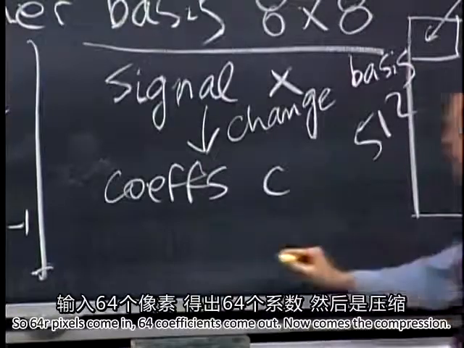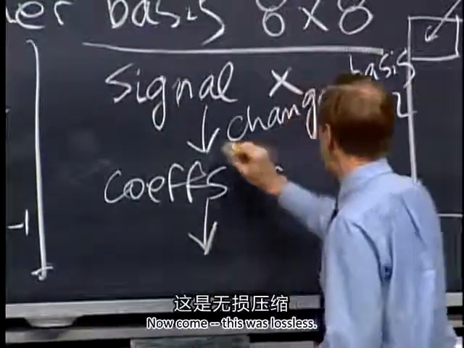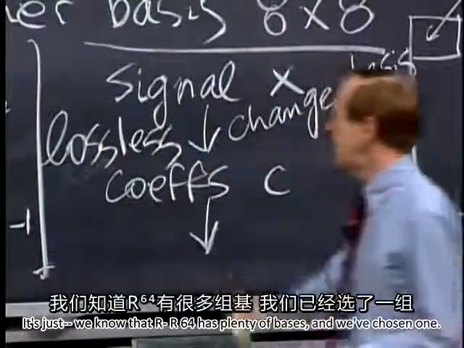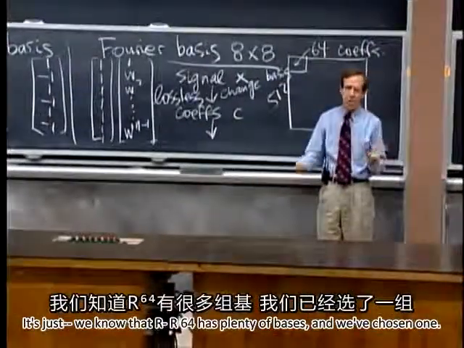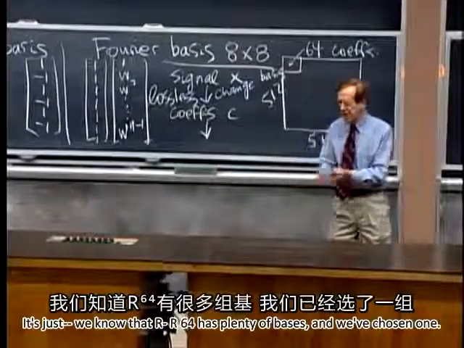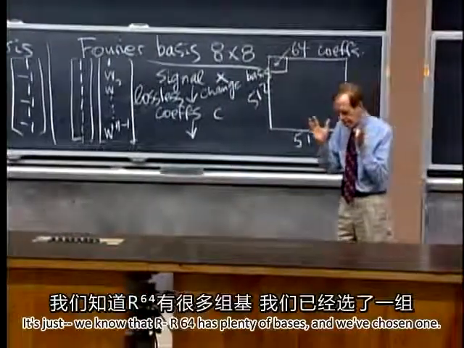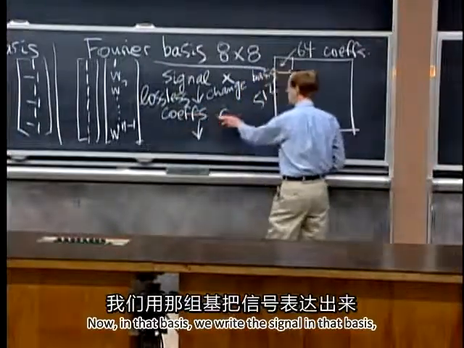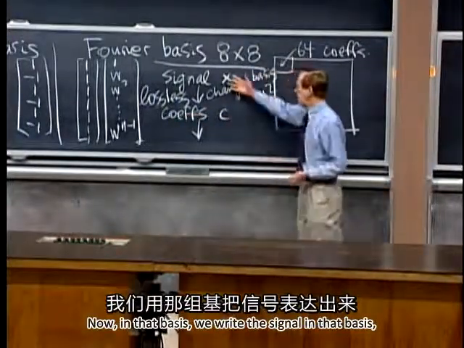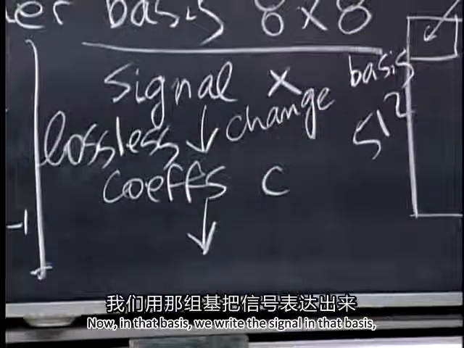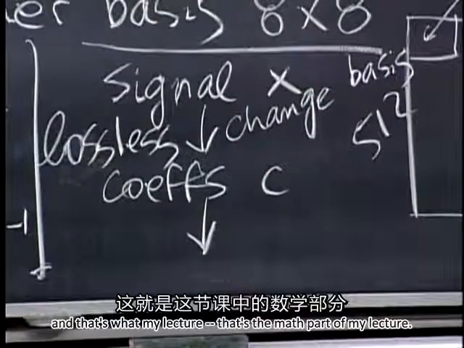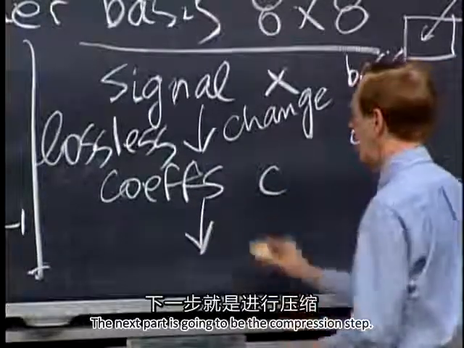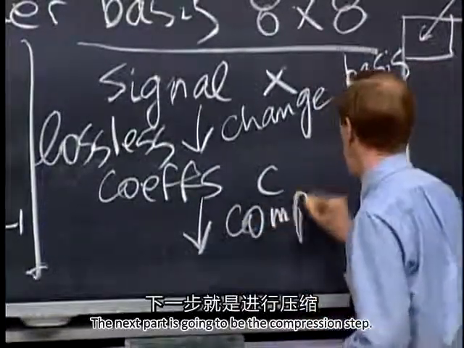Now comes the compression. This was lossless. We know that R64 has plenty of bases, and we've chosen one. Now we write the signal in that basis, and that's the math part of my lecture. Now, here's the application part. The next part is going to be the compression step.